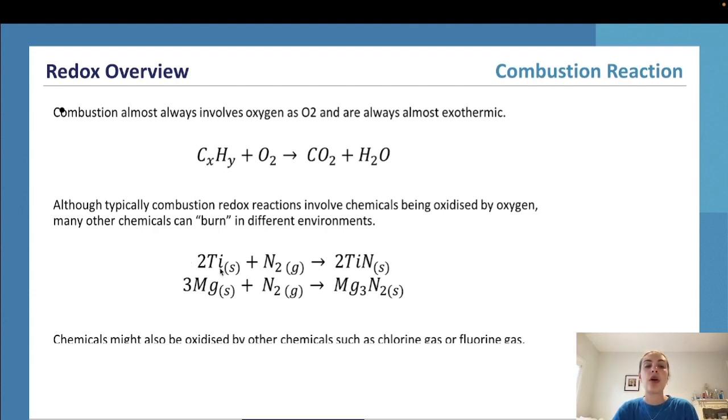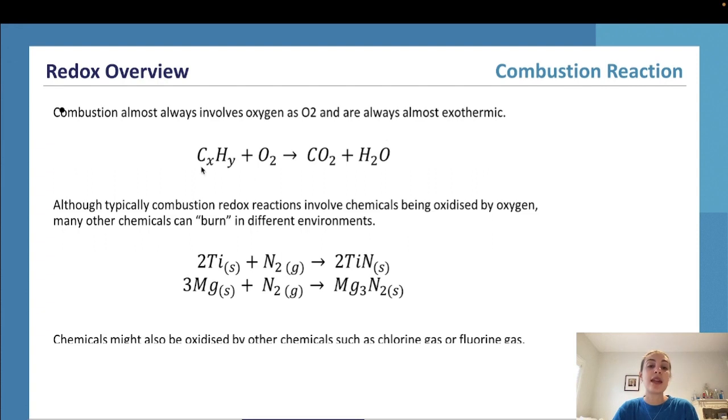For example, we've got 2Ti plus N2 makes 2TiN, so that's a combustion reaction that doesn't have that typical appearance of carbon dioxide plus water. Similarly, we've got 3 magnesium plus nitrogen makes magnesium nitride. With these reactions, you wouldn't be expected to know that they're a combustion reaction; you would be told if you were given those type of reactions.